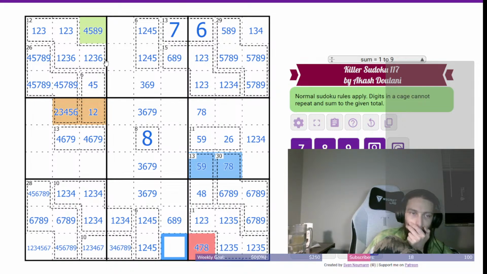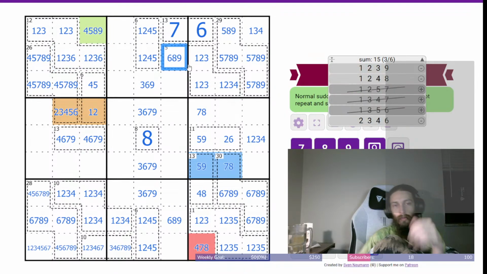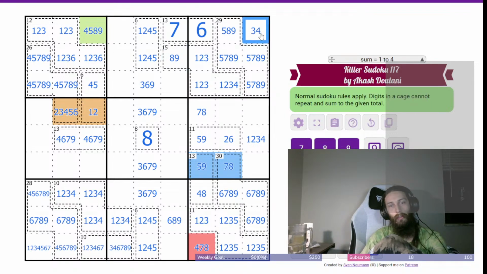Oh, oh no, never mind. 6 has to be one of these two, so this can't be a 6 anymore, meaning that it can't be a 1 anymore.